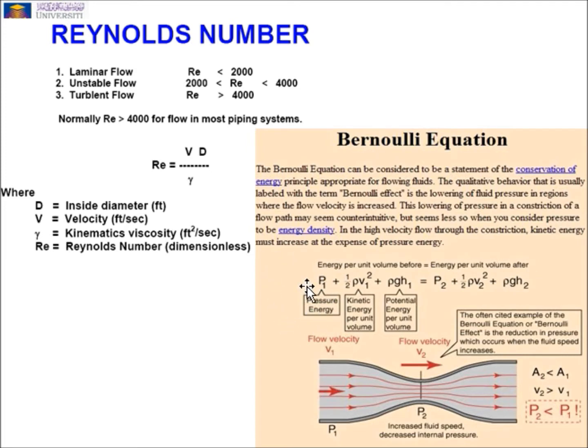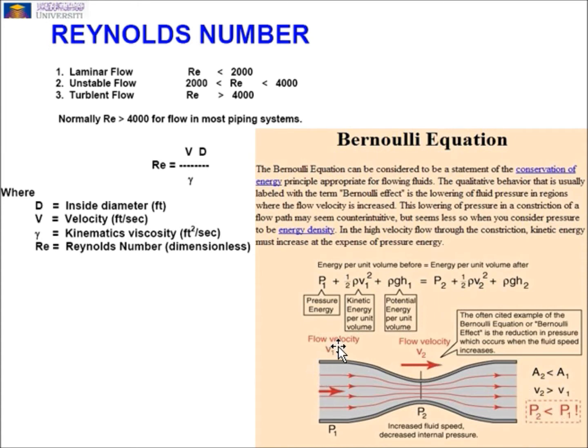As you know, P is the pressure energy, half rho V squared is the kinetic energy per unit volume, and rho g h is the potential energy per unit volume. The often cited example of the Bernoulli equation is the reduction in pressure which occurs when the fluid speed is increased. This picture you often see to show the Bernoulli equation effect.